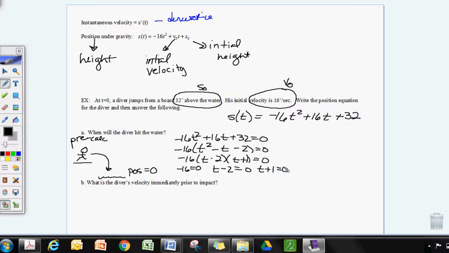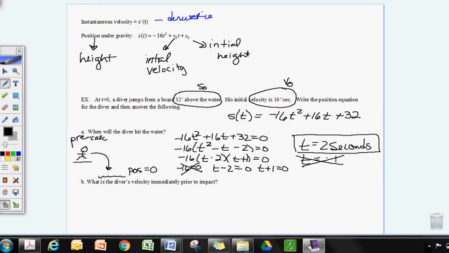Hopefully you remember your pre-calc. So I get no solution here because that doesn't make sense. Time would equal 2, or time would equal negative 1. Negative 1 doesn't make sense. You can't have a negative time. So at 2 seconds, he hits the water. Okay, as I said, no calculus there.